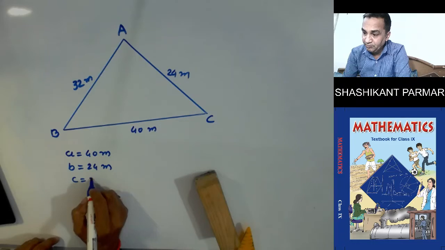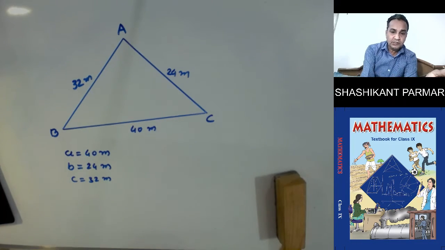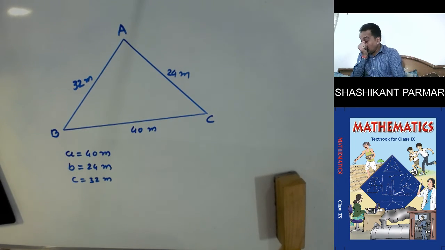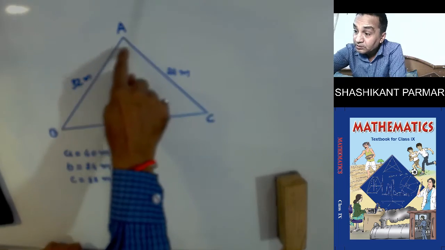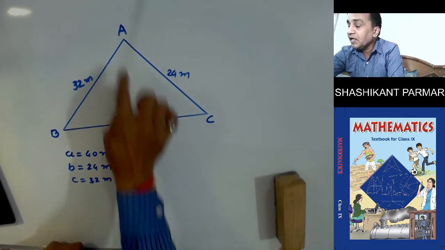Actually, b is equal to 24 meter and c is 32 meter. The general rule is a is the side opposite the angle A.